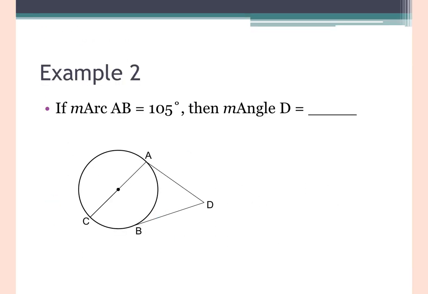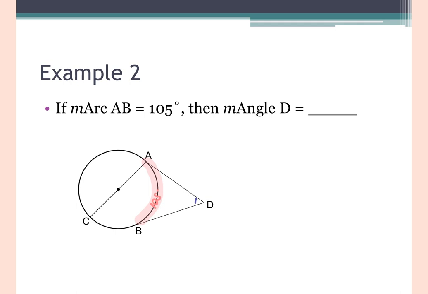All right. Question 2. If the measure of arc AB is 105, so here's my 105, then the measure of angle D is what? This is your exterior angle with 2 tangents.